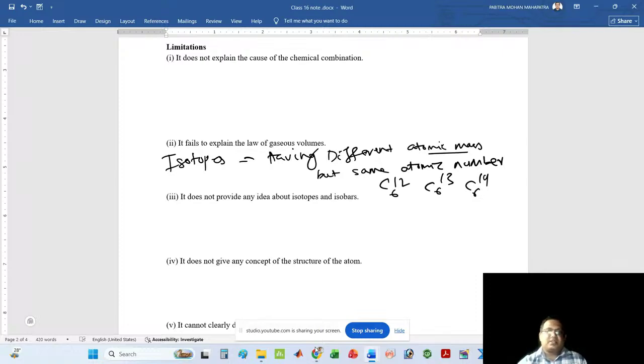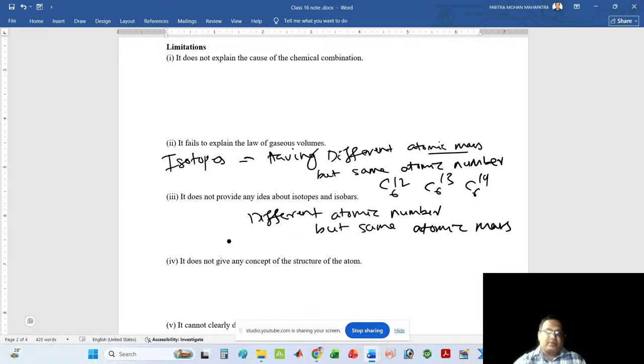Similarly, think about isobars. Isobars means having different atomic number but the same atomic mass. You can take an example. Carbon has atomic mass 14, and nitrogen also has atomic mass 14.